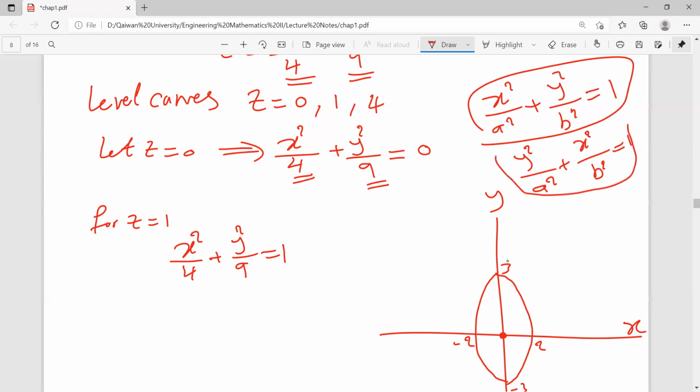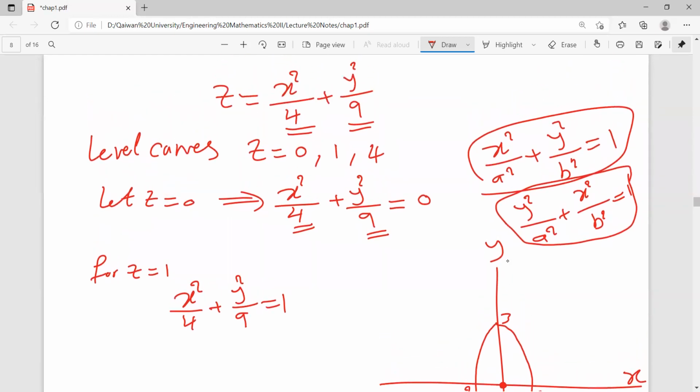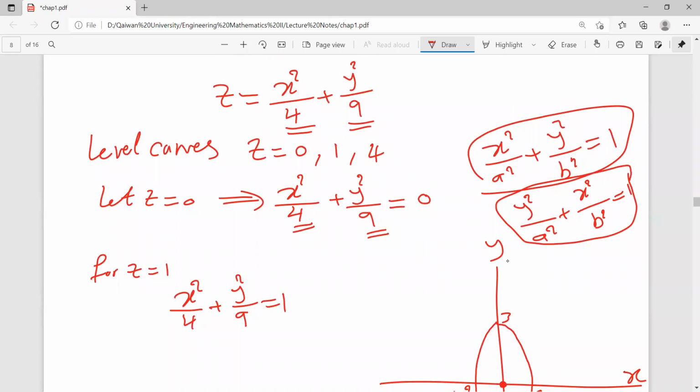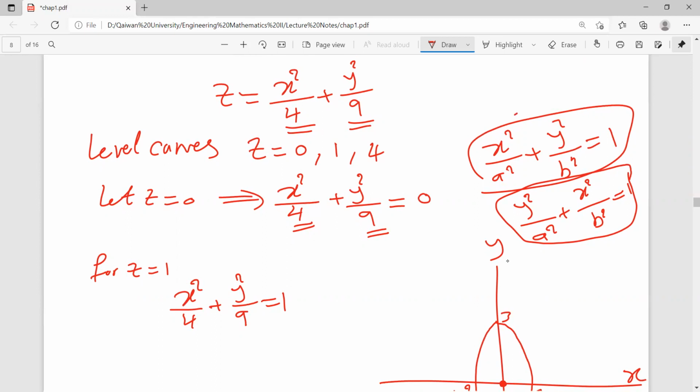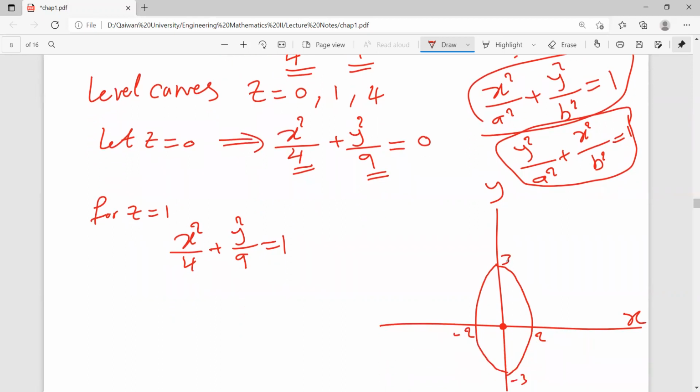These two are equations of an ellipse. For the first one, we say A is bigger than B. For the first one, the foci are on the x-axis. And for the second one, the foci are on the y-axis because the denominator of y is bigger. Because we said A is bigger than B.